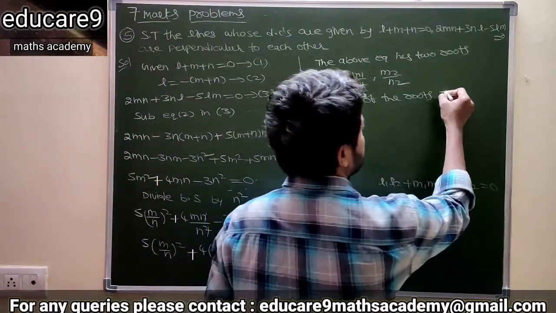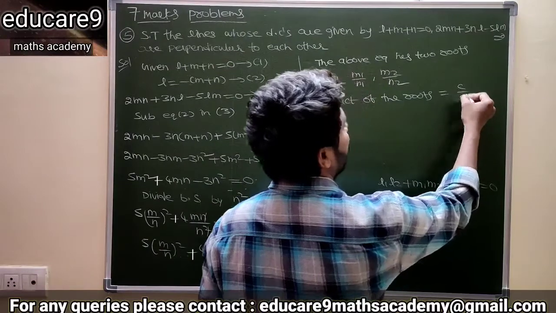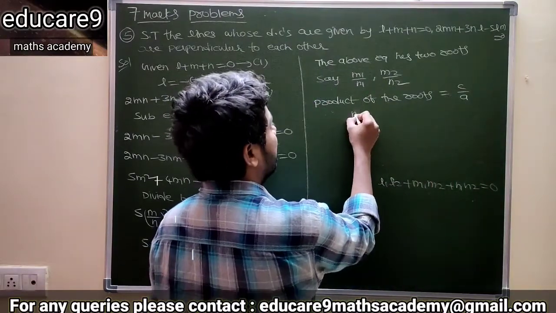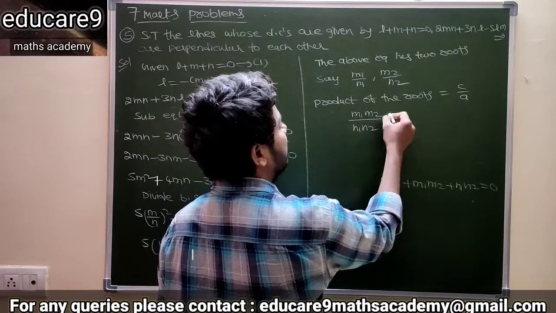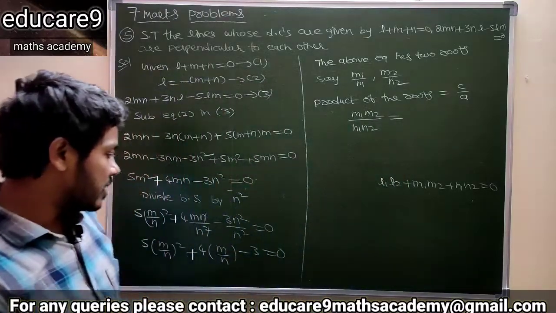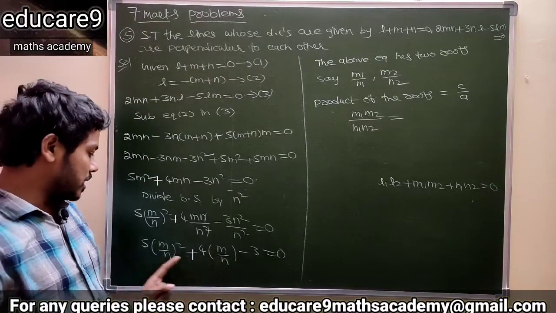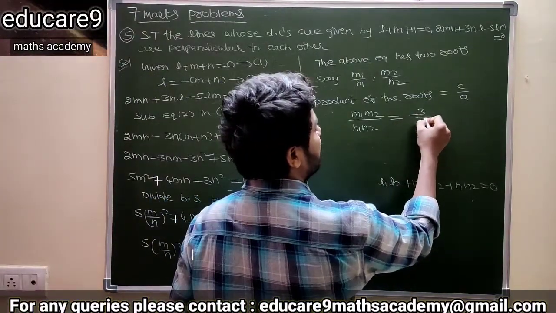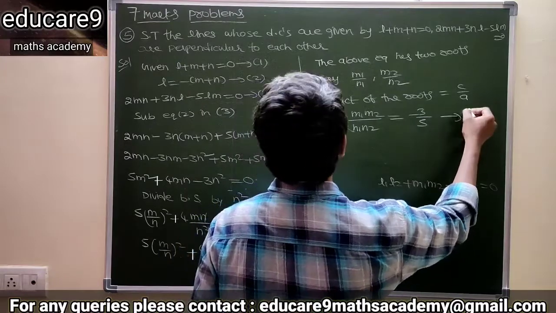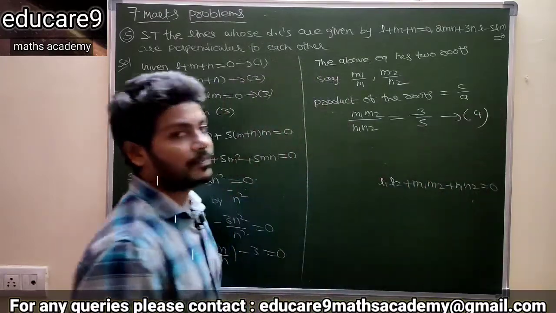So that is the c by a formula. Now m1 m2 divided by n1 n2 is equal to c by a. c is -3, a is 5. So this is -3 by 5. This is equation 4.